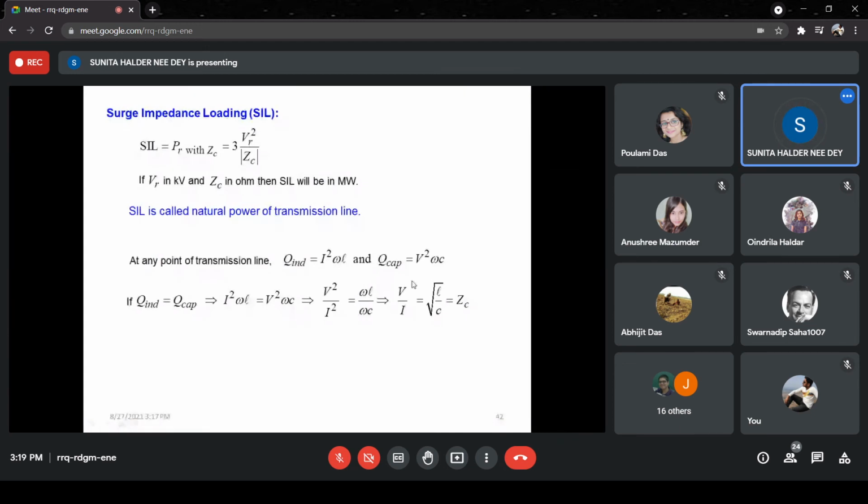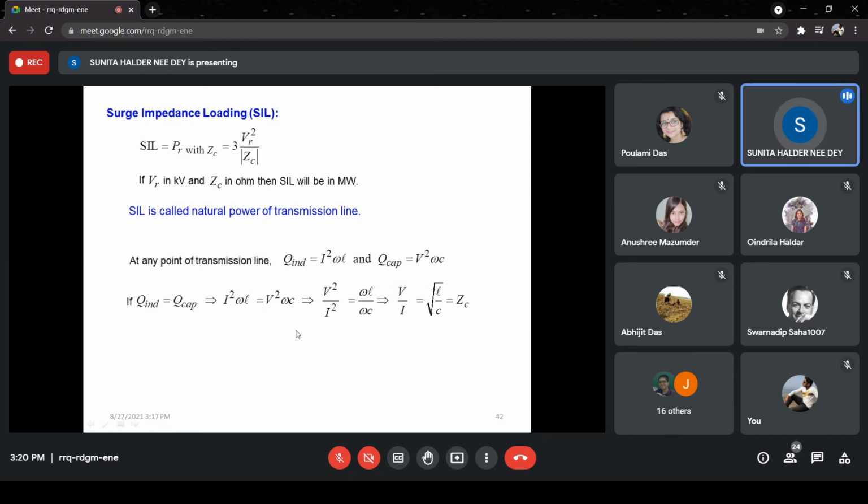That means if the receiving end is loaded with this impedance, then at every point of the transmission line, V by I will be equal to Zc, and in that case, inductive reactive power will be equal to capacitive reactive power. That means there will be no reactive power deficit or surplus in the line. If there is any reactive power deficit or surplus in the line, then it affects the voltage drop.